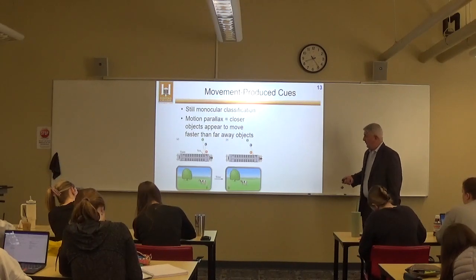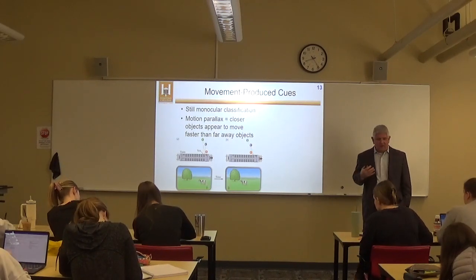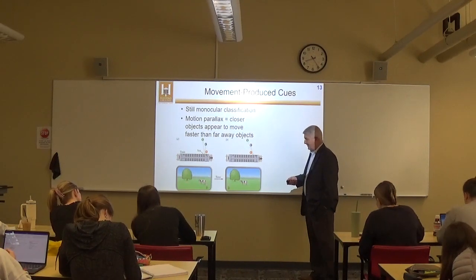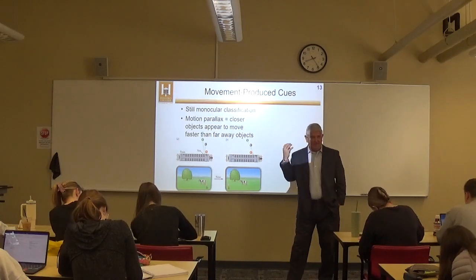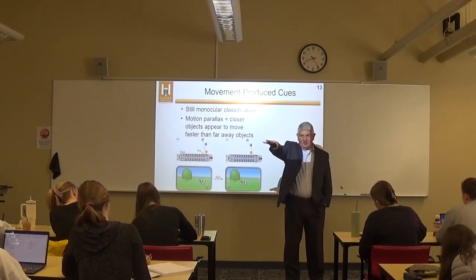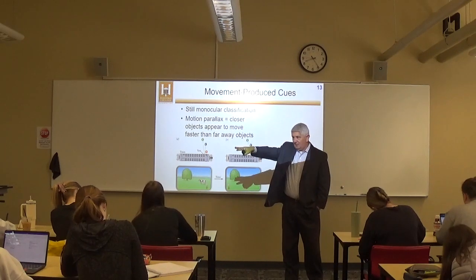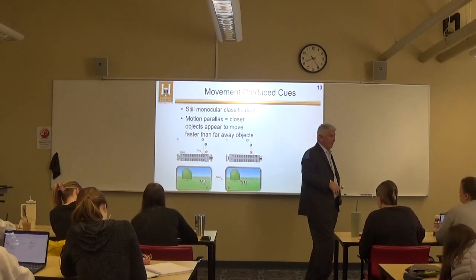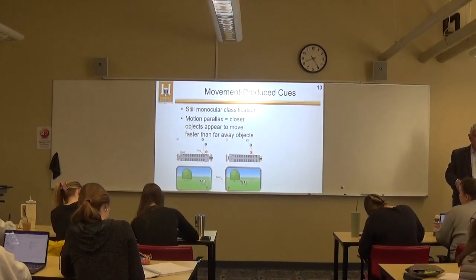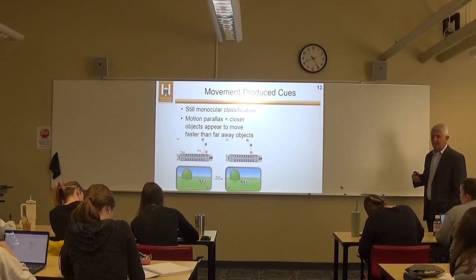You've experienced this riding in a car, right? The signs and the things on the side of the road are going past really fast, but there's a farmhouse out there and it's just going kind of slow, right? Things that are further away move slower, and things that are up close move faster when we're moving at a constant speed.